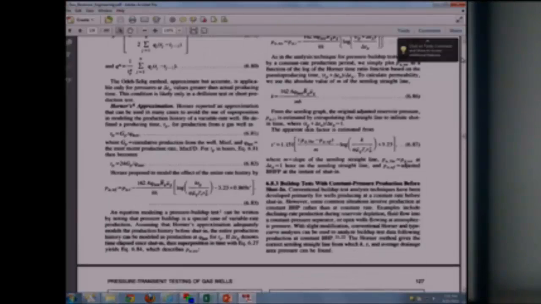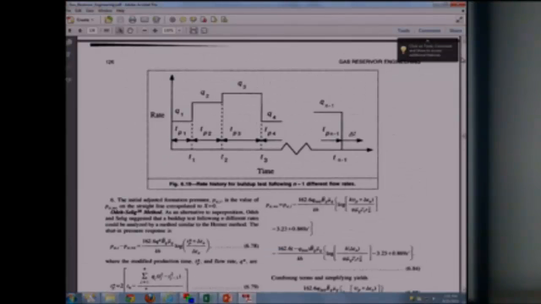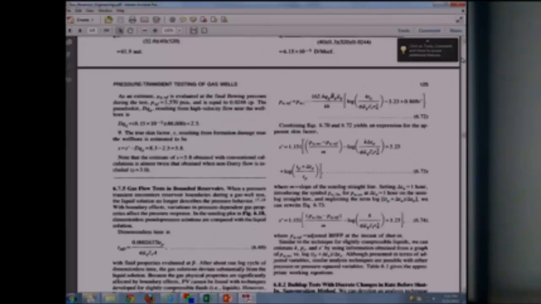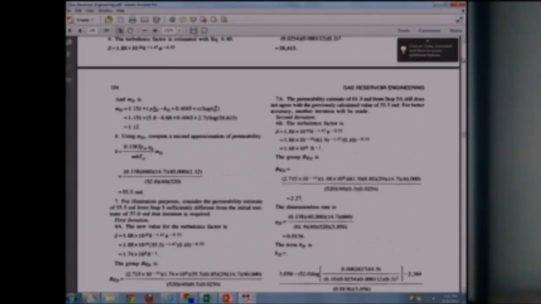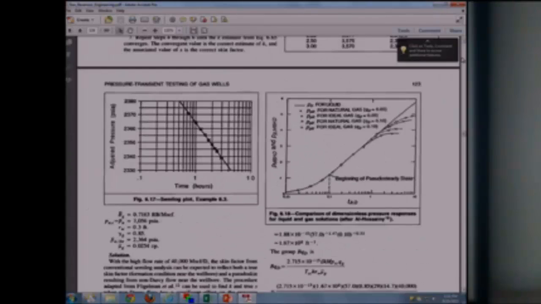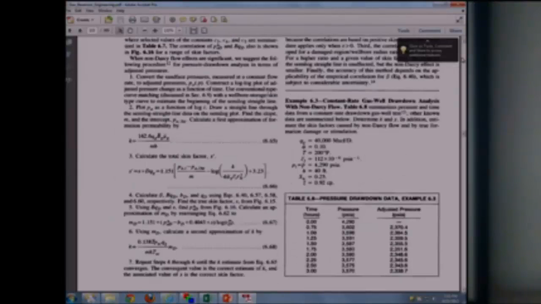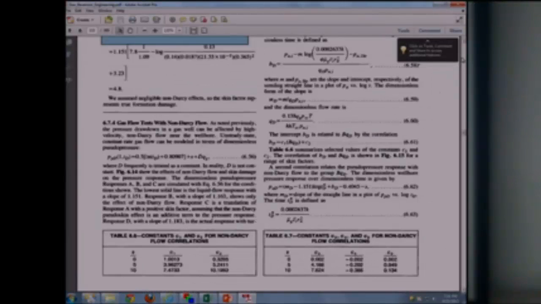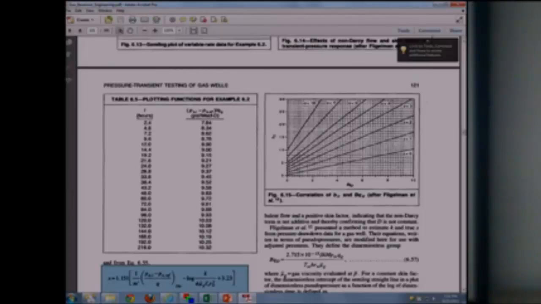Where's my example? Oh, I thought I was there, but I wasn't. Yeah, we're not at 6.3 yet.